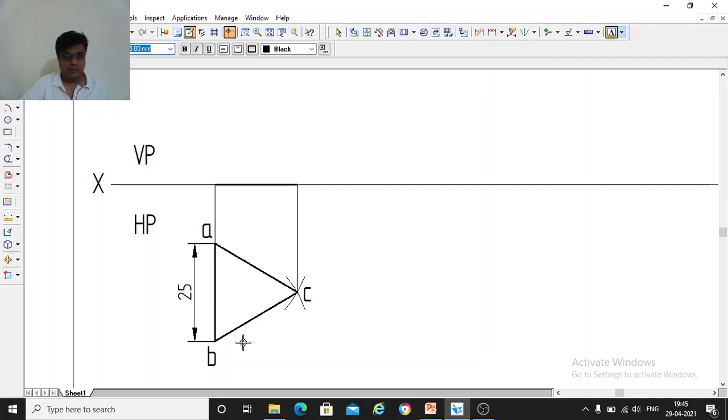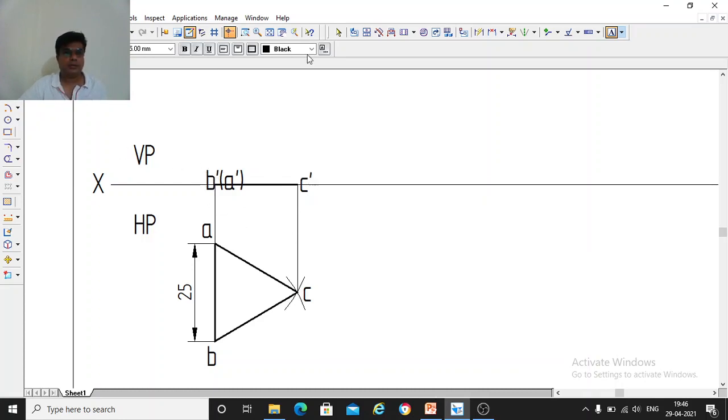First, in the front view you can see the point B, so we write b dash. This is the front view, b dash, and since A is at the same point behind B, a dash you have to write in brackets, and C is projected here, it is c dash.